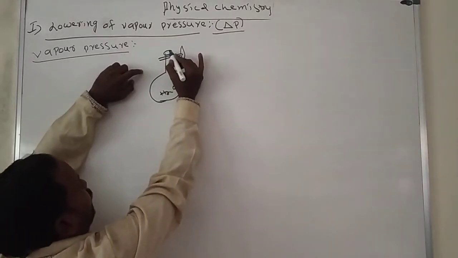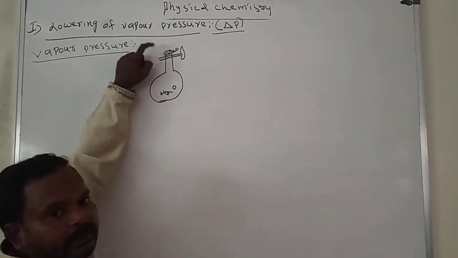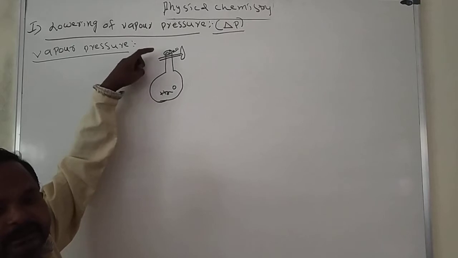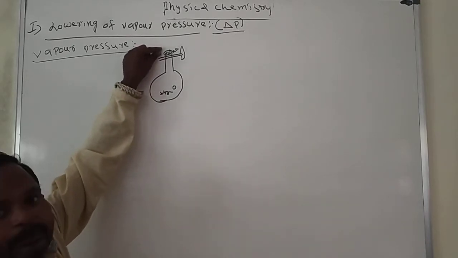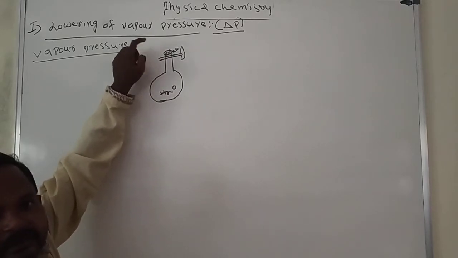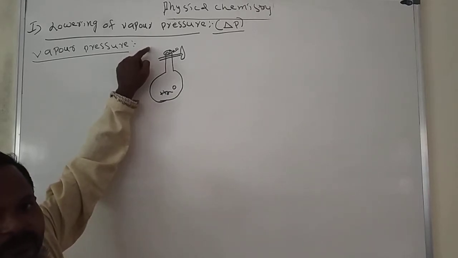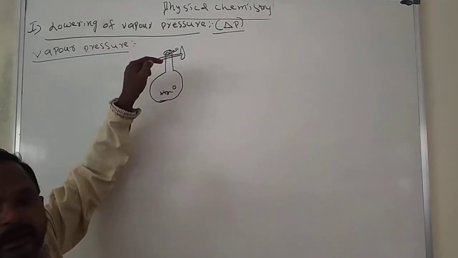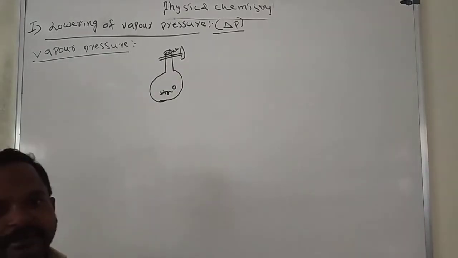Some of the water particles are present at the surface of this round bottom flask, and these water particles cause some pressure. That pressure will equal the atmospheric pressure. Then the pressure we call vapor pressure.